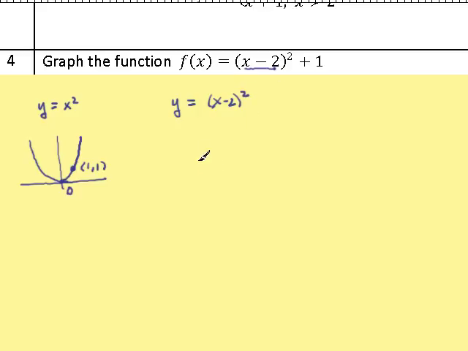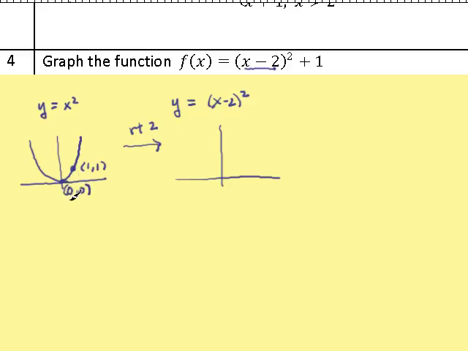Alright, x minus 2 squared, well that indicates, since this is negative, that's a shift to the right. So from here to here, we're going right 2. Remember, a plus 1 is a shift up, but if x is replaced by x minus 2, that's a shift to the right. So everything is moving to the right 2 units.